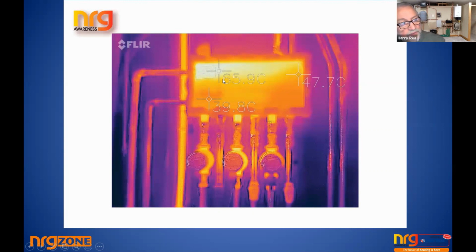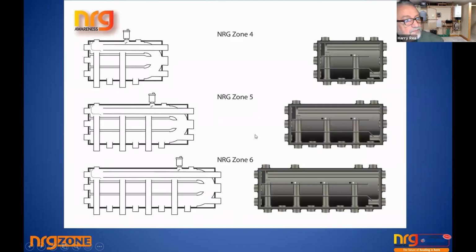And this system isn't up to temperature yet, but we've got about 26 degrees temperature differential. The pumps are taking the maximum temperature, and the returns are at the optimum temperature to cause a heat pump to work at its very best, or a condensing boiler to work at its very best. So basically, the idea is matched by what you actually find on site.